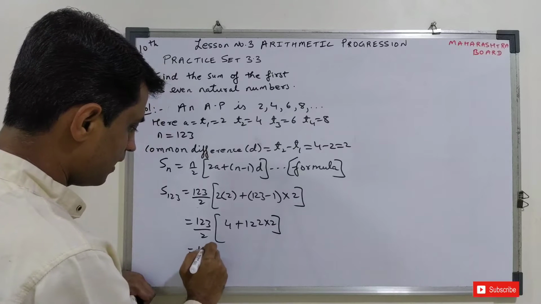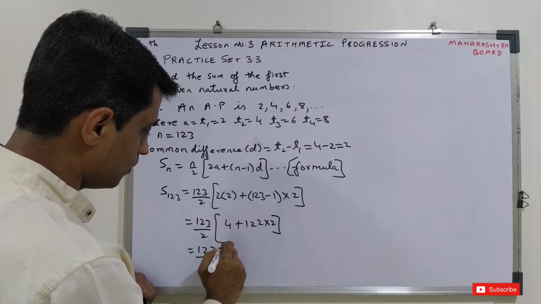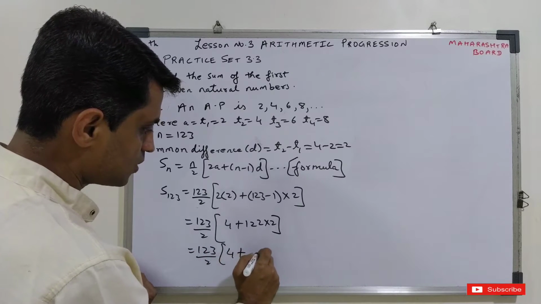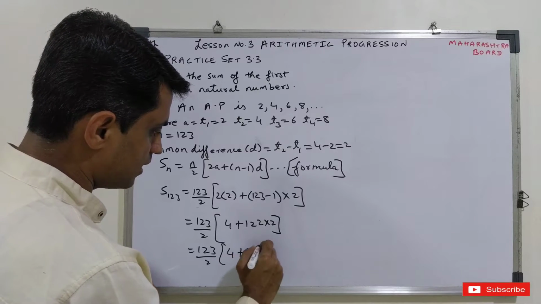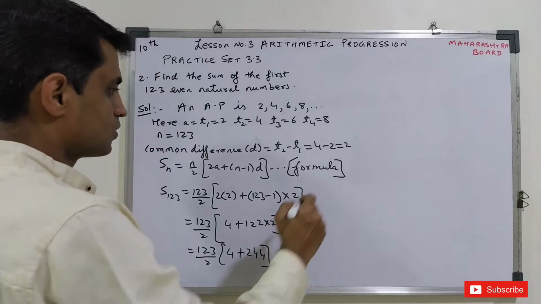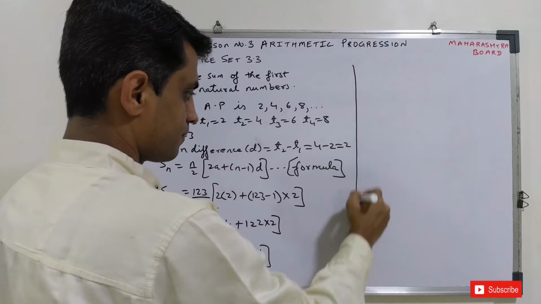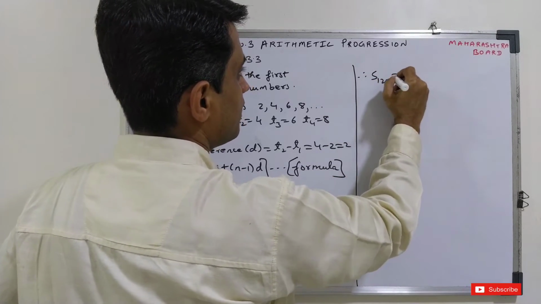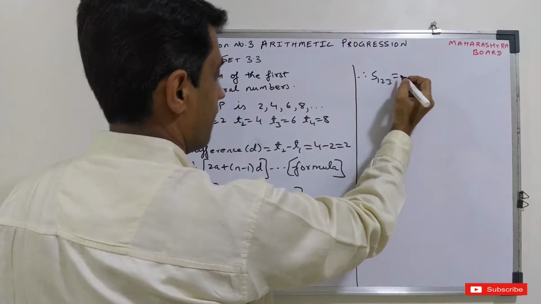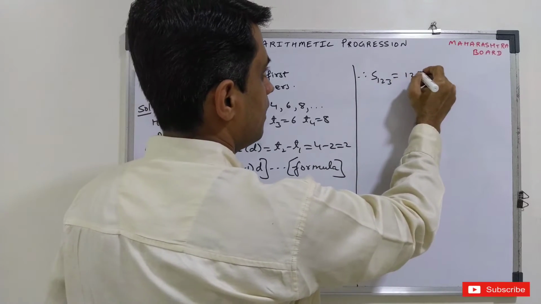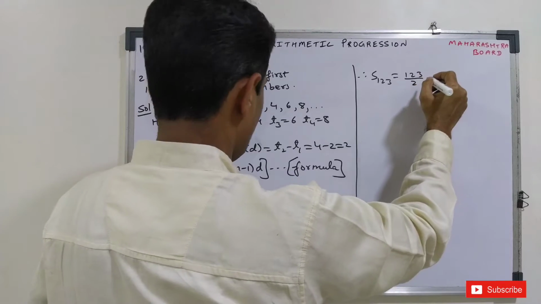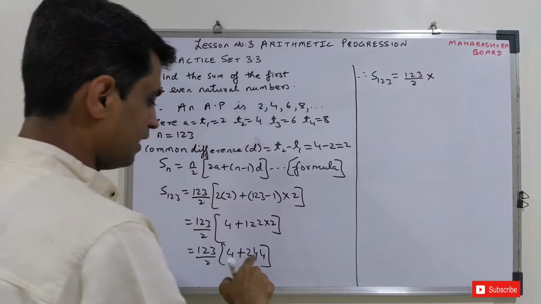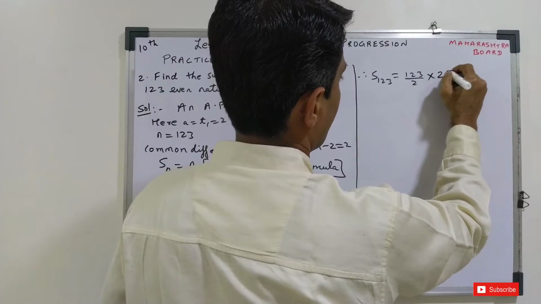So you will get 123 upon 2 into 4 plus 2 twos are 4, 2 twos are 4, 2 ones are 2. Therefore S123 is equal to 123 upon 2 into 248.